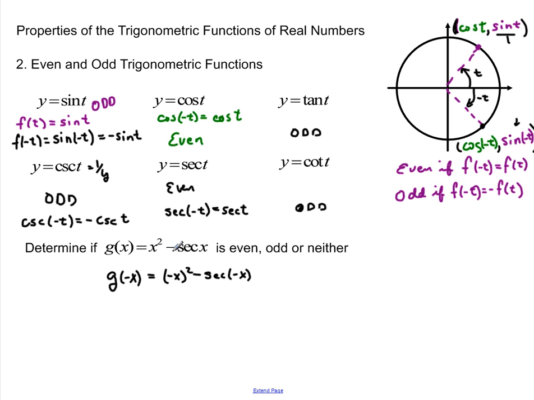Well, by our definitions above, negative x squared is negative x times negative x, so that's positive x squared. And secant of negative x is equal to secant of x. And so what we've just established right here is that since g of negative x is equal to g of x, we would conclude that g of x is an even function.